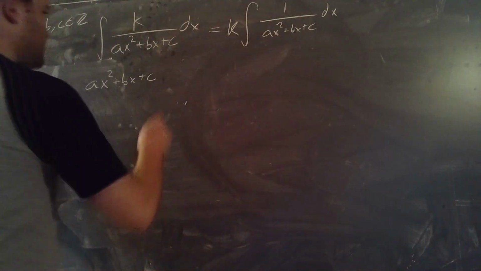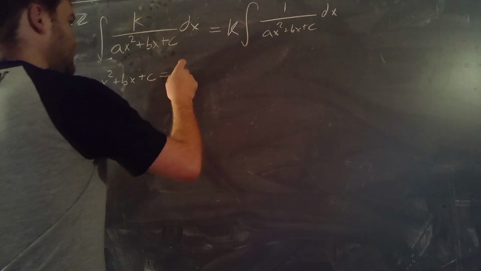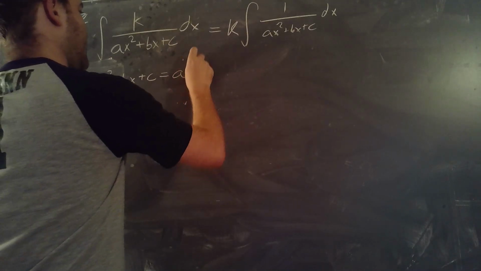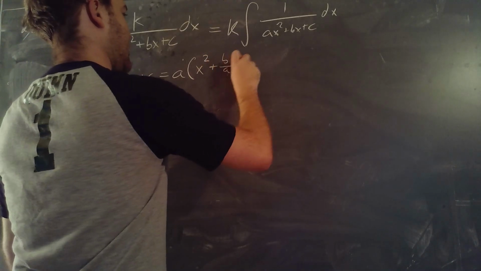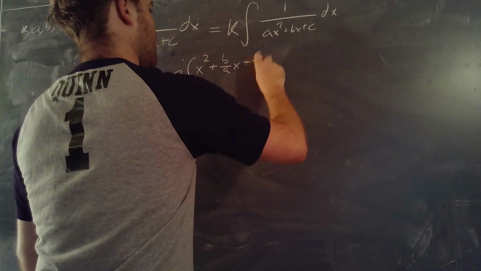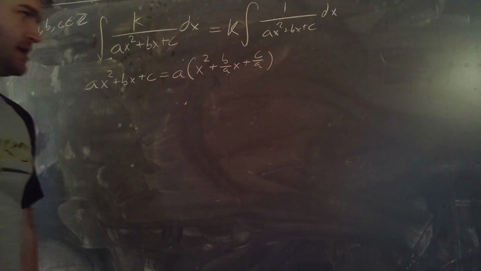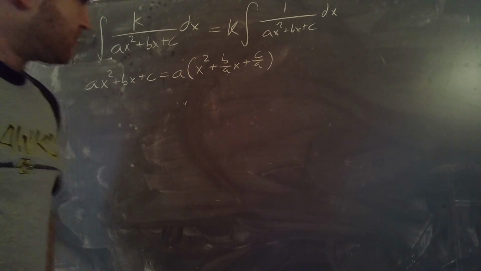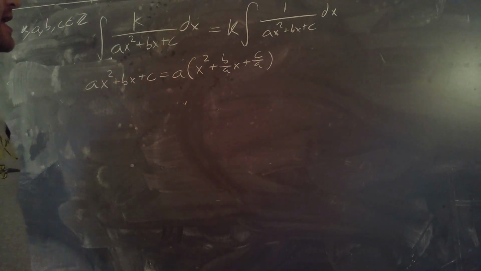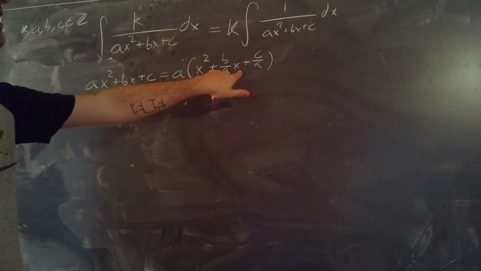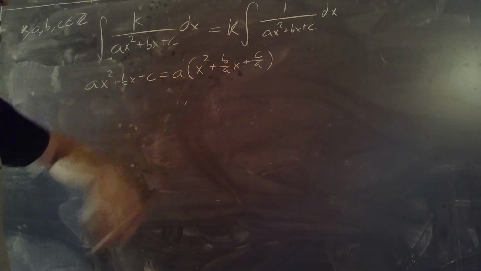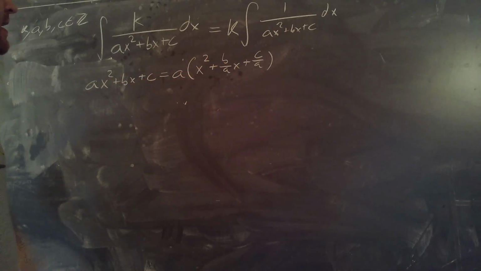So what we'd like to do is rewrite this as a times x squared plus b over a x plus c over a. And we notice that what we've just done here is we've created a form in which I can complete the square on this thing right here, kind of like if I was deriving the quadratic formula. And we just have this a value out in front of it that multiplies the whole thing.